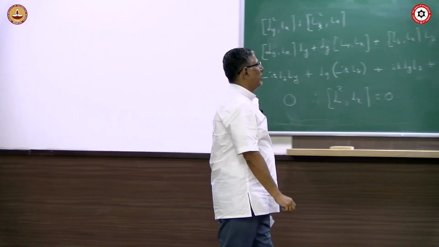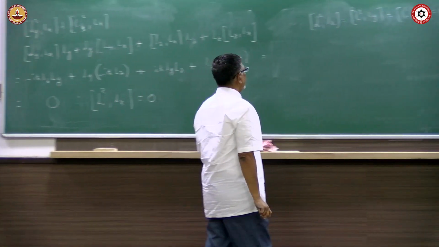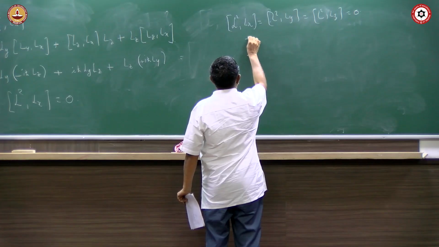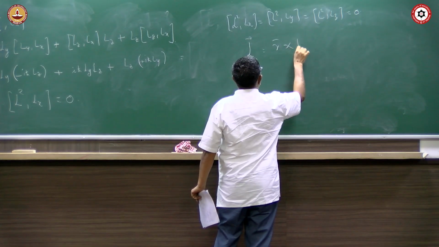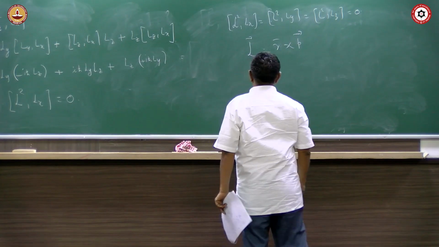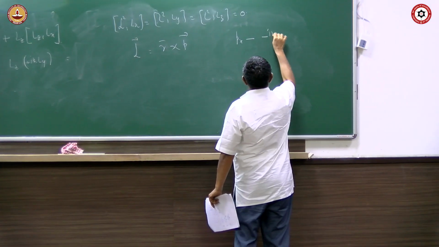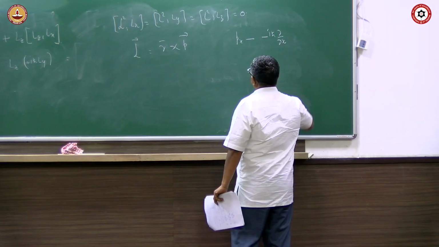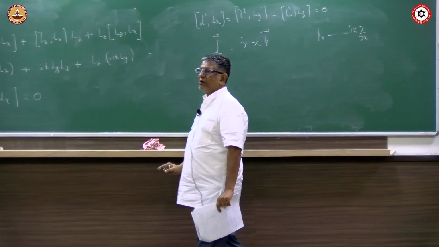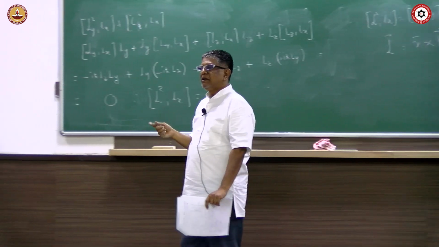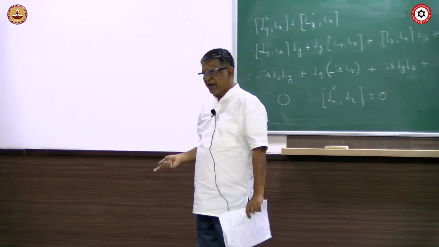So, let me summarize here. We defined angular momentum taking the classical expression r cross p, and then replaced px with minus iħ dou by dou x to convert it into the quantum mechanical operator.